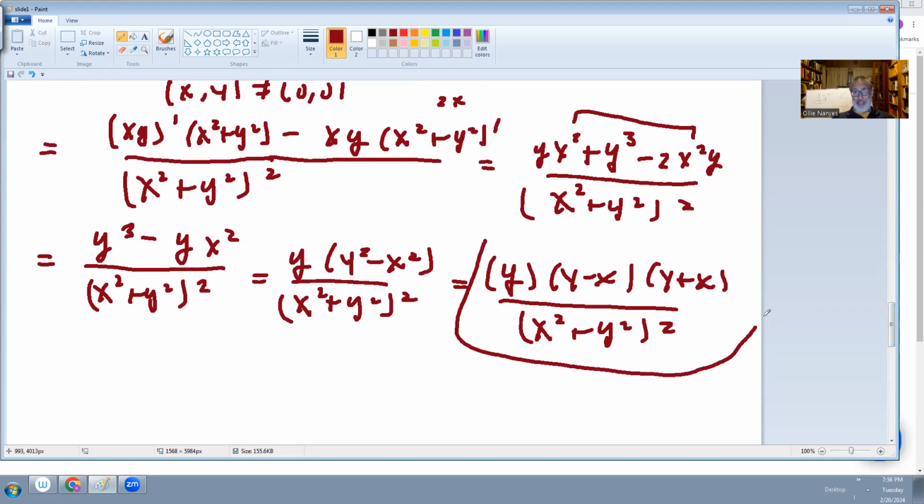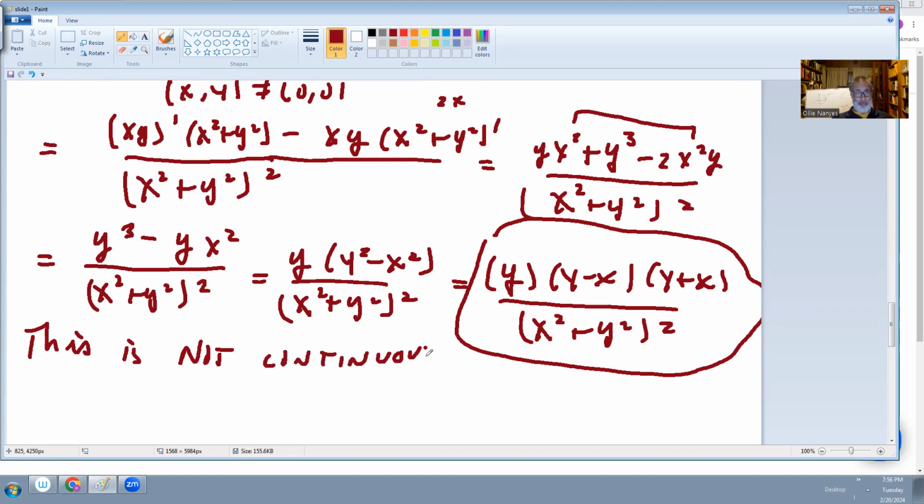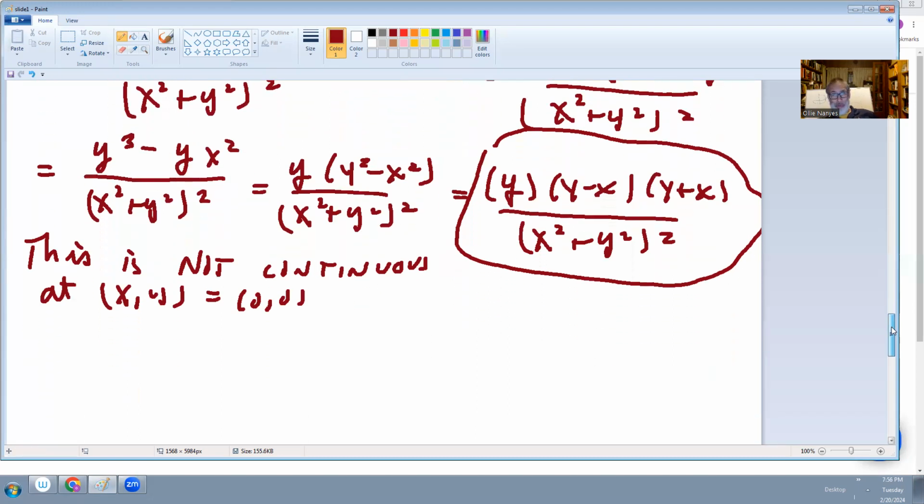Now, this function right here is not continuous at the origin. Why do you know that? Here's a proof.